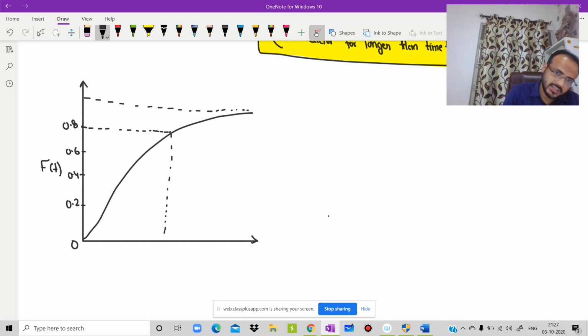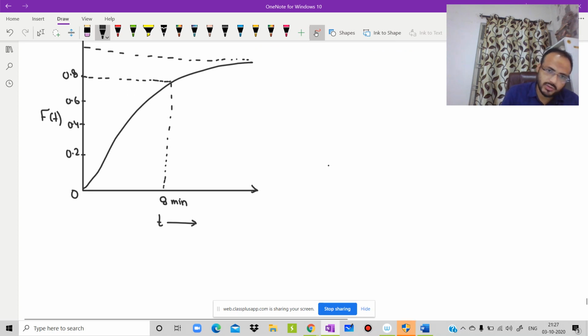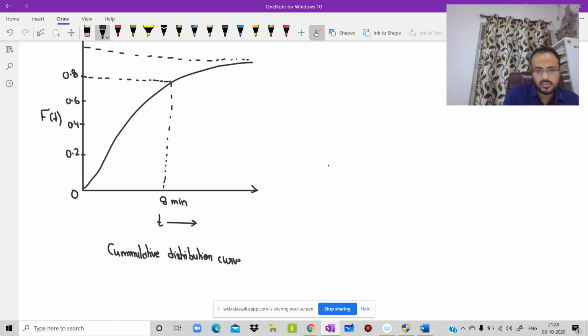This is F versus time t, maybe 8 minutes. This graph is the cumulative distribution curve, F of t.